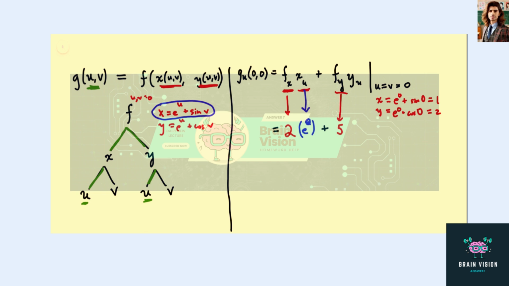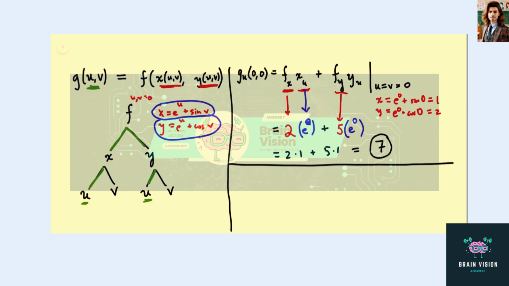And y partial u, well, same thing as over here. y partial u is again e to the u. And when u and v are 0, this becomes 1. So we get 2 times 1 plus 5 times 1. 2 plus 5 equals 7. So that's our first answer.